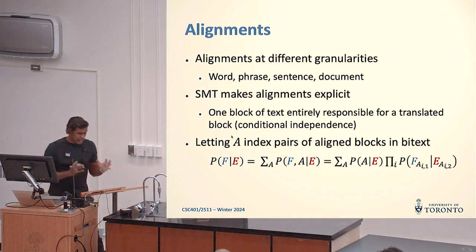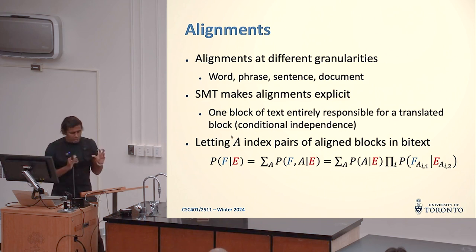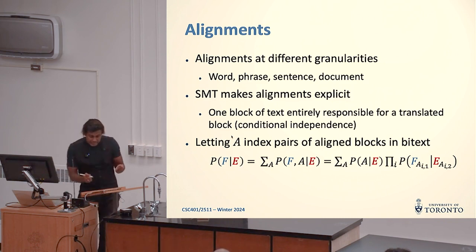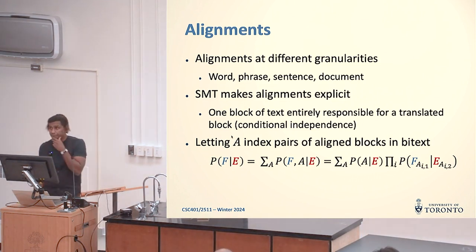Does that make sense? Any word or sentence appearing in one bead does not appear outside of that bead. They don't appear in any other index. That makes them conditionally independent. This assumption allows us to have a product of the probability of F_Ai and E_Ai of that alignment, okay?